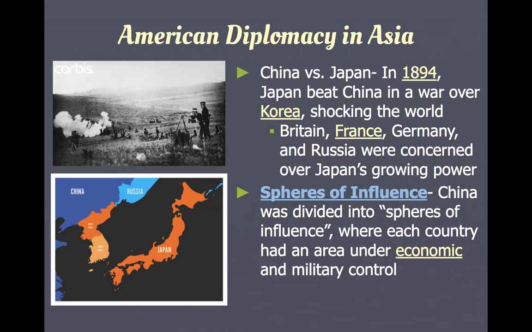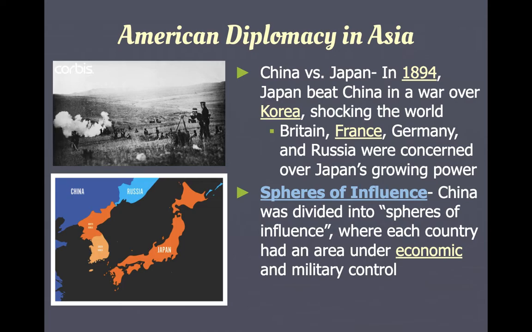So Britain, France, Germany, and Russia were concerned over Japan's growing power. The reason for that is because they have spheres of influence in China. I talked about this a little bit before, but a sphere of influence is where a country controls the economy of a certain area. For example, in Shanghai, Britain controlled the economy.